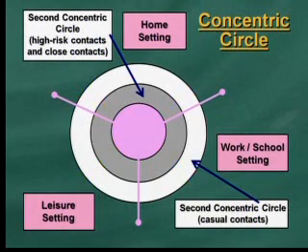But you can use this for other programs other than TB, because we look at the center. The center concentrates on the home setting. Again, we spend a significant amount of our time in the home. So if there was a case, we start in the home. We test those individuals. We screen those individuals. And then we get them the proper treatment.